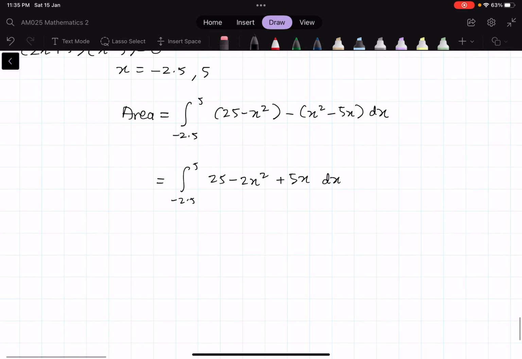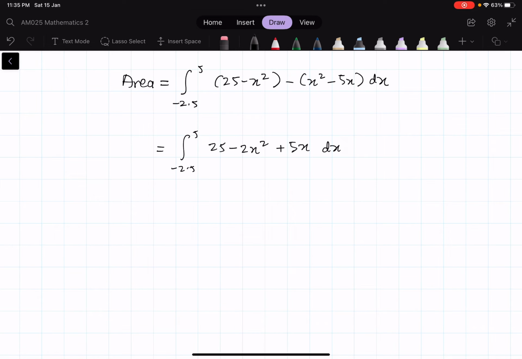Now let's integrate our function with respect to x from negative 2.5 to 5. We're going to get 25x minus 2x cubed over 3 plus 5x squared over 2.